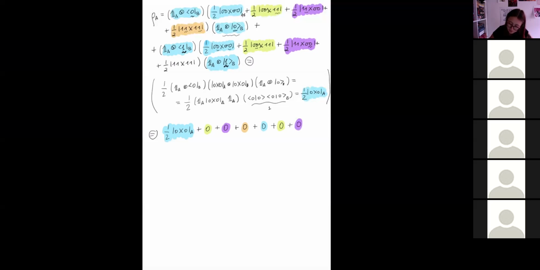And finally, the last element, this one here, will finally give us 1/2 1 1 with the same reasoning that we applied in this case.